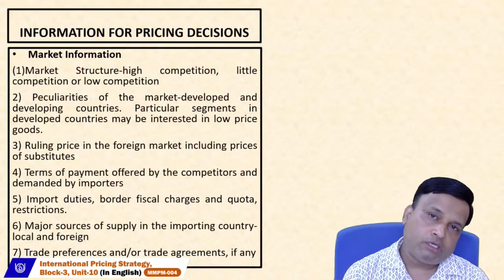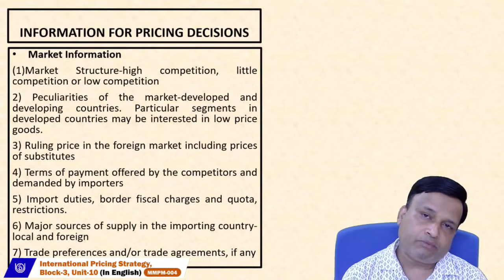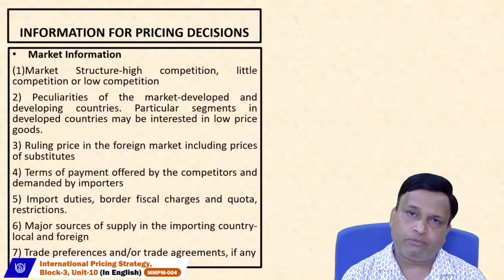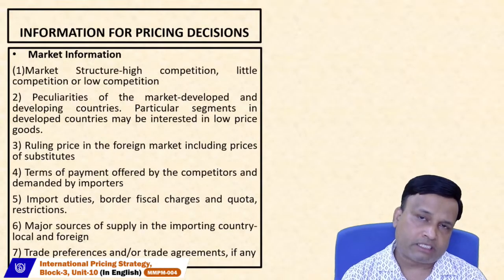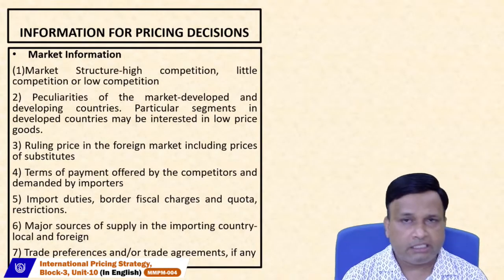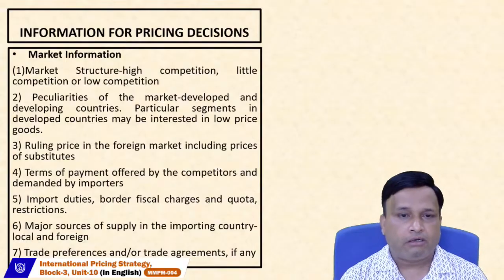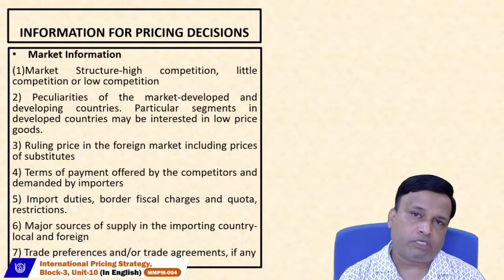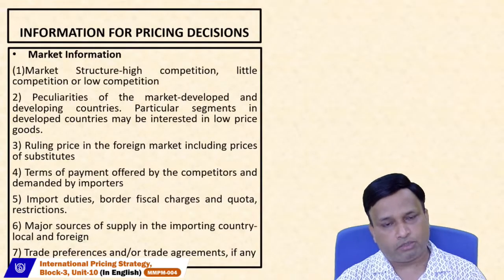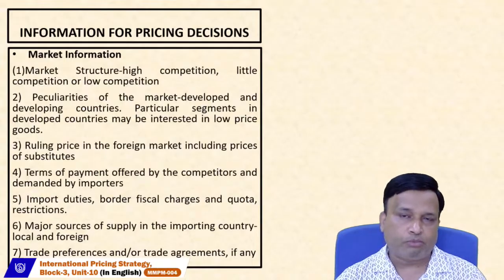So you have to make sure that people adopt or accept your offerings. Once people start accepting your offering, then you can go for incremental pricing. But initially you have to understand who the customer is and what the preference of the customer is. Are they looking for low price or high price?